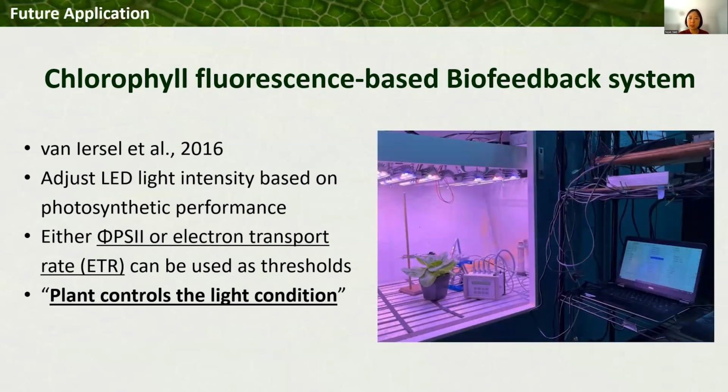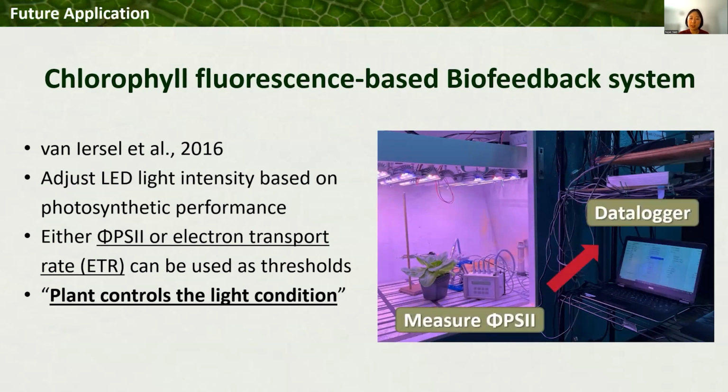So this is a real picture of the biofeedback system that I'm using. Plants are measured by the fluorimeter, which measures the chlorophyll fluorescence continuously. And then the data is sent to a data logger. The data logger will decide the LED light intensity as much as plants need.